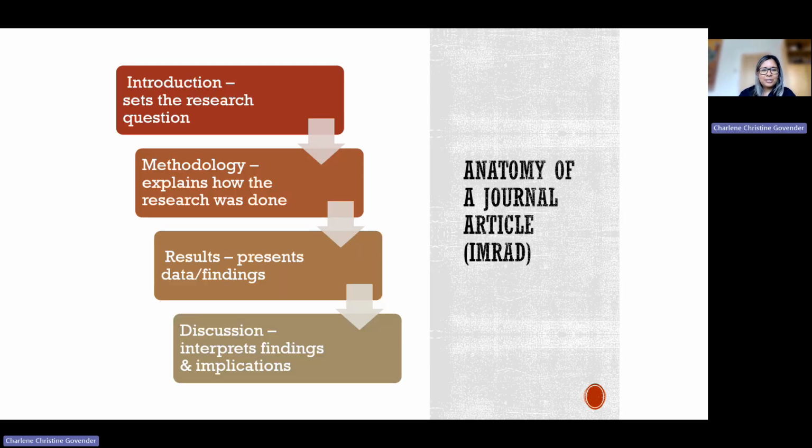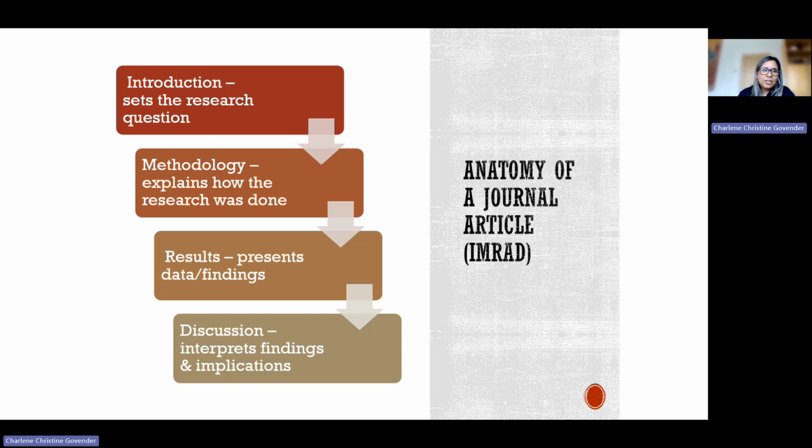Okay, so let's look into the anatomy of a journal article, or IMRAD. Most academic articles will follow a similar structure known as IMRAD. That's made up of your introduction, methodology, results, and discussion.